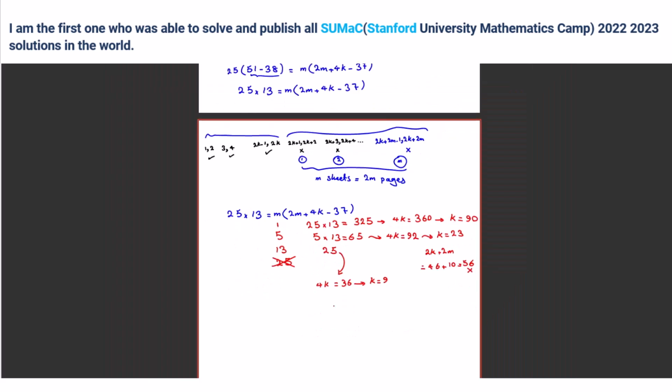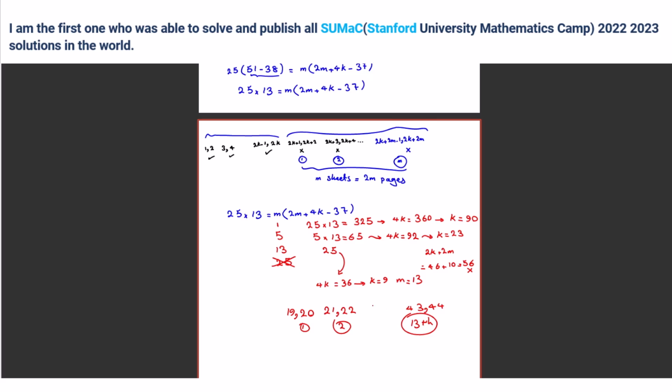And if you want to find the pages, 2k plus 1 is what? 18 plus 1, 19, 20, and 21, 22 is first page, second page, and 13th page. 2k plus 2m, which is m is 13. 13 plus 9, 22. 22 times 2, 44. 43 and 44, right?